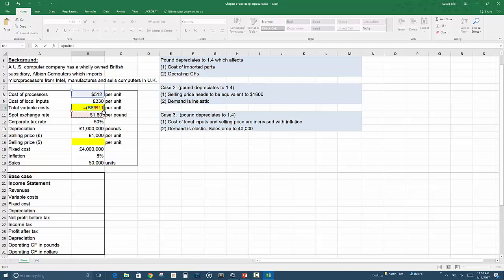So that gives me the pound price of the processor. Then add the cost of local inputs, £330. So that gives us the total variable cost, £650.